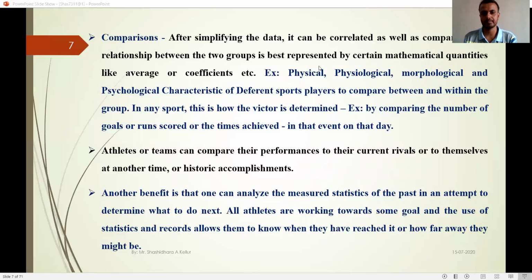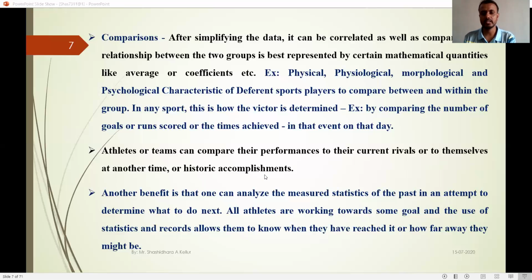between and within the group. In any sport, this is how the victor is determined, for example, by comparing the number of goals or runs scored or the times achieved in that event on that particular day. An athlete or team can compare their performance to their current rivals or to themselves at another time or to historic accomplishments.